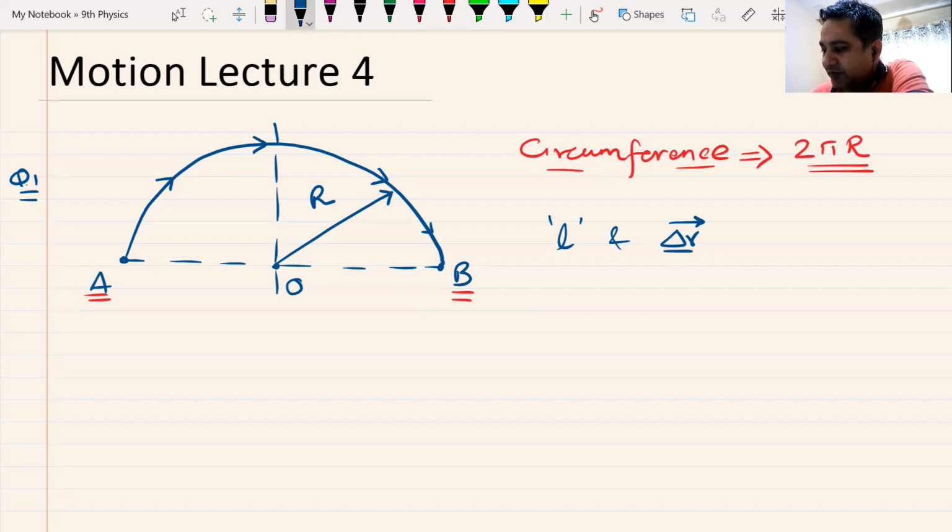Now you would say, sir, the chapter that we are doing is motion in a straight line. This is not a question of a straight line.